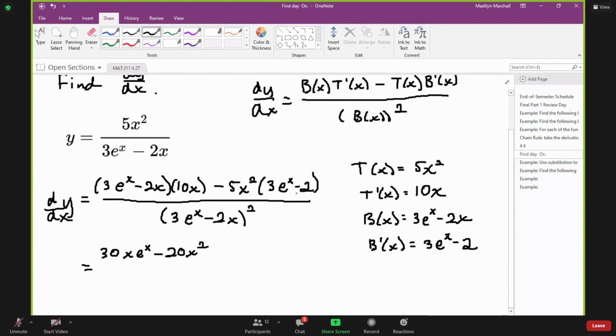Be super careful here. A big cause of issue on these is that minus sign on top not getting distributed to where it needs to. So in this case, we have minus 5x squared that's going to distribute. So we'll have negative 15x squared e to the x plus 10x squared.